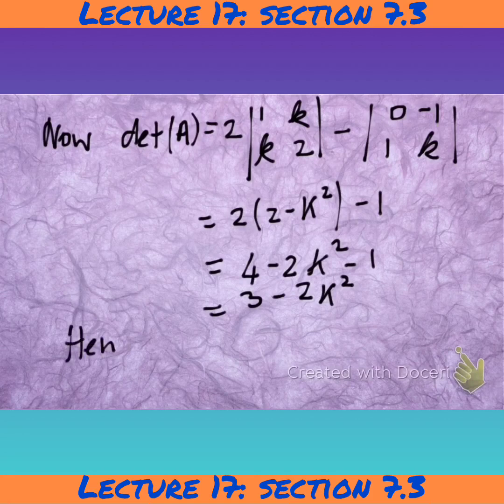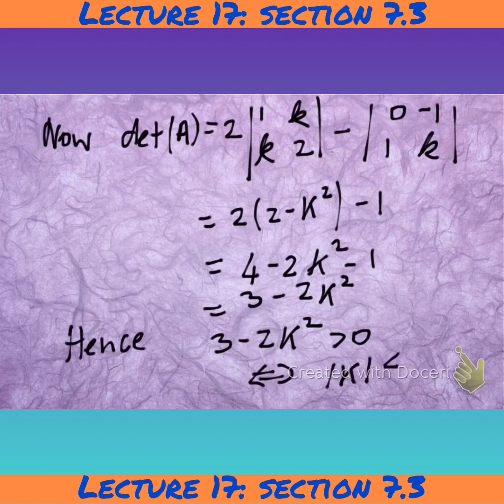So what do we need? We need this to be bigger than 0, and that happens if and only if k is less than the square root of 3/2.